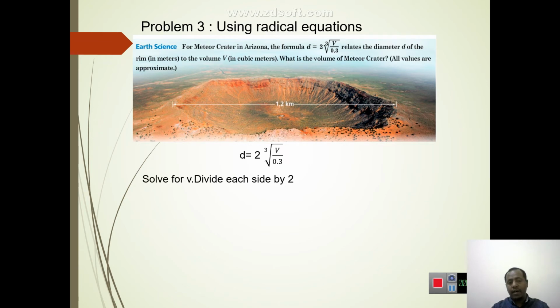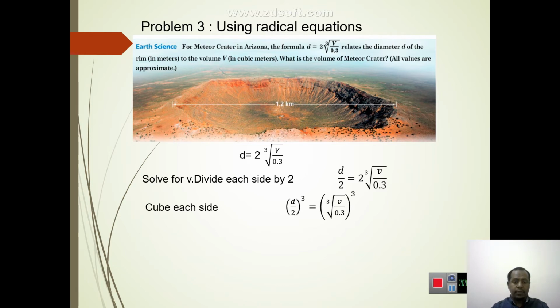So to solve for v, you have to divide each side of the equation by 2. And you'll get d over 2 is equal to 2 over 2 times the cube root of v over 0.3. Then the next step will be you have to remove the cube root. To remove the cube root, you have to cube each side of the equation.